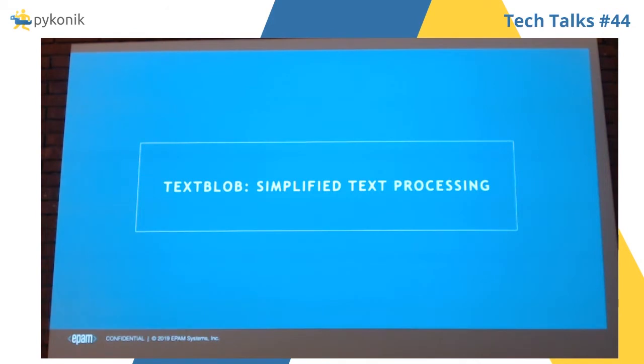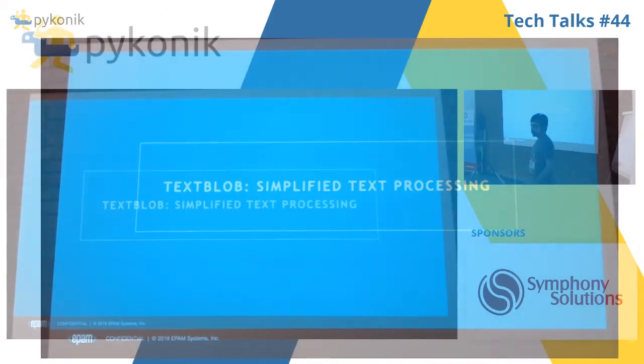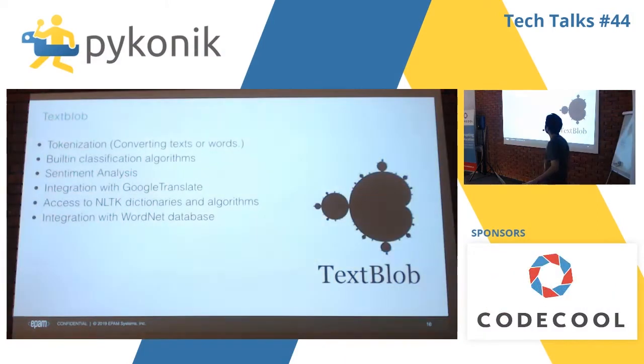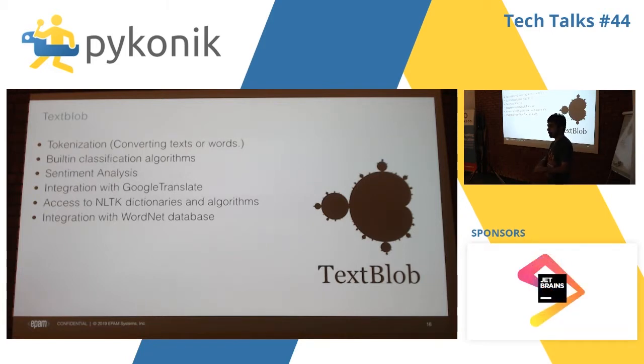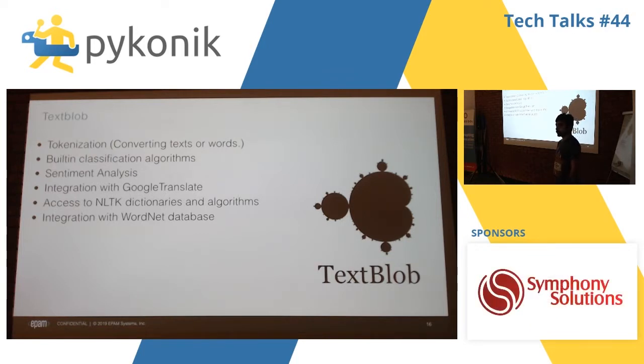So now I will be talking about the TextBlob framework. TextBlob, as I mentioned before, is a high-level implementation or high-level helper of the NLTK library. The first thing that TextBlob solves is tokenization.